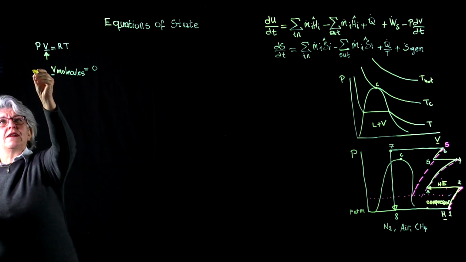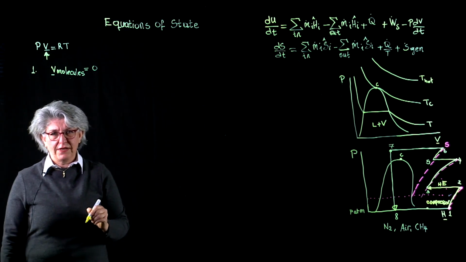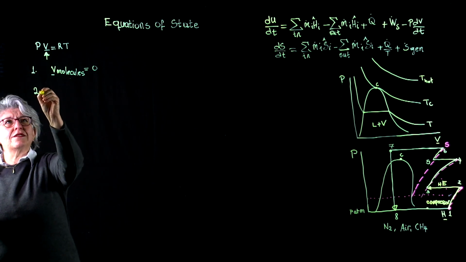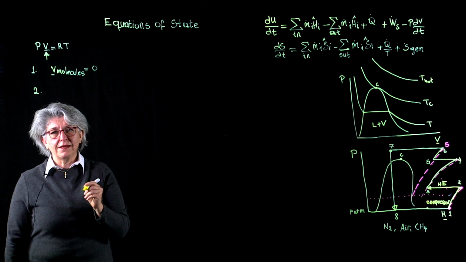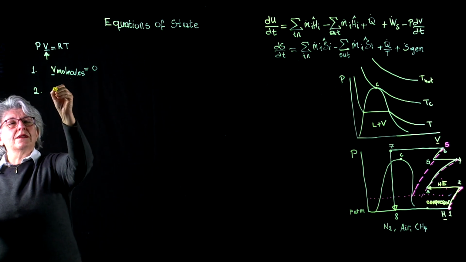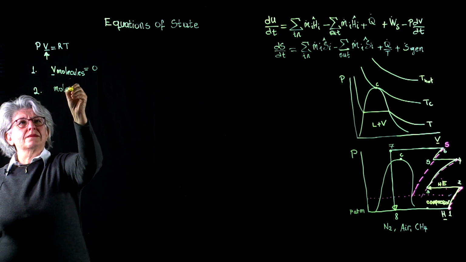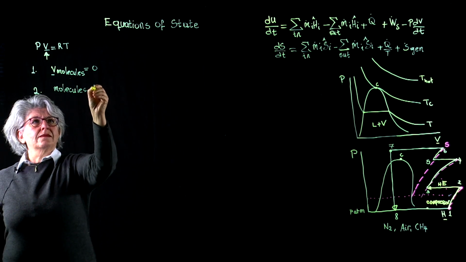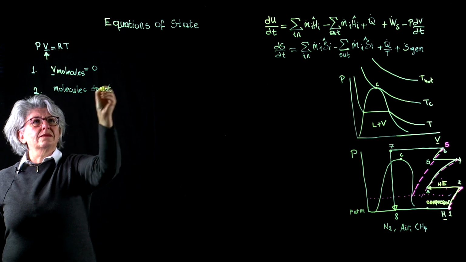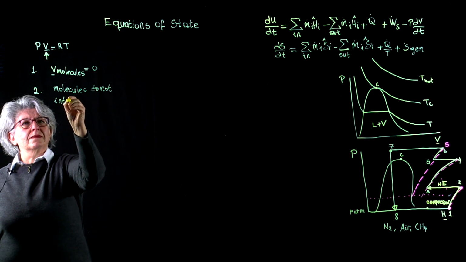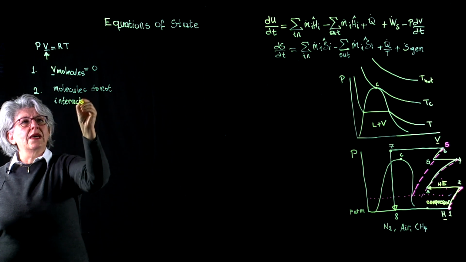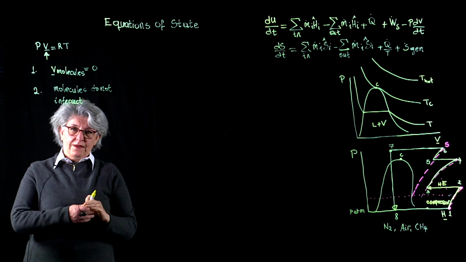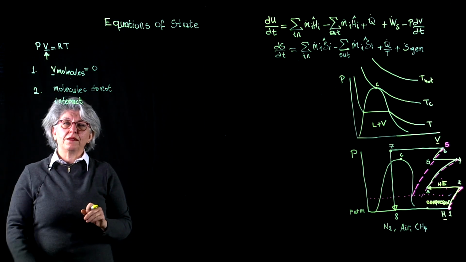So this is the first assumption of the ideal gas law. The second assumption of the ideal gas law is that the molecules do not interact. Under these circumstances, the equation is on the board.